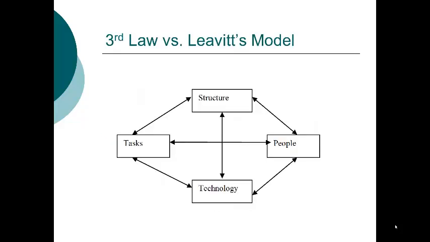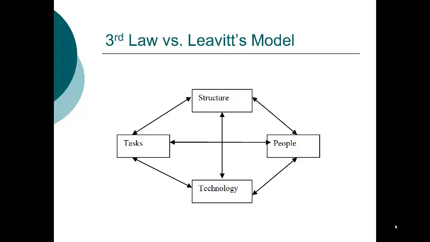This model that you see before you here is something called Levitt's model. And this in some ways explains why that third law, program evolution is independent of management decisions, is a bit bogus. Levitt contends that changes in any one of these items, the structure of the organization, the people, the technology, or the tasks, impacts all the others.